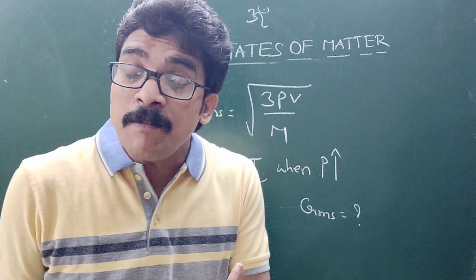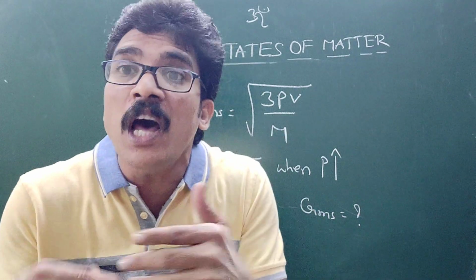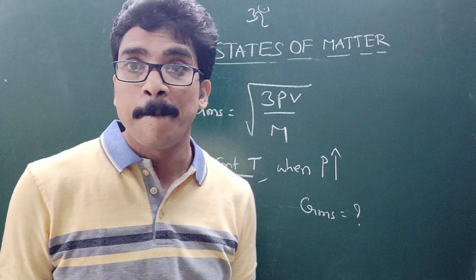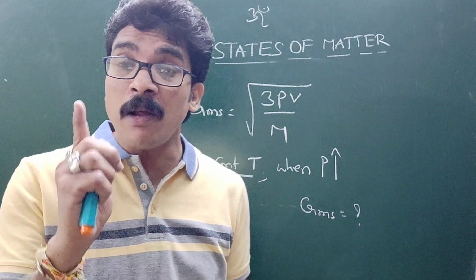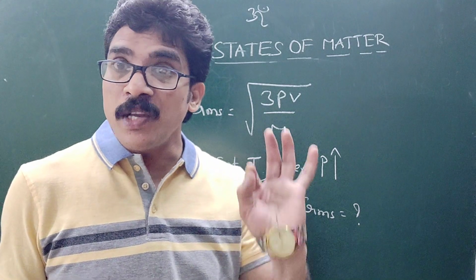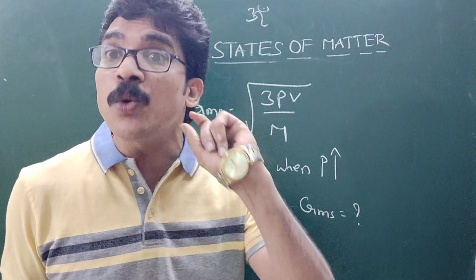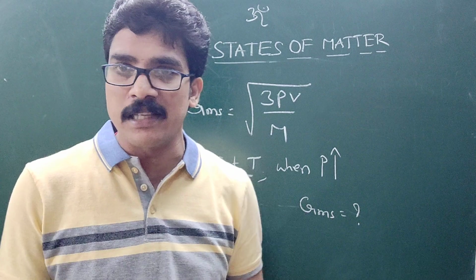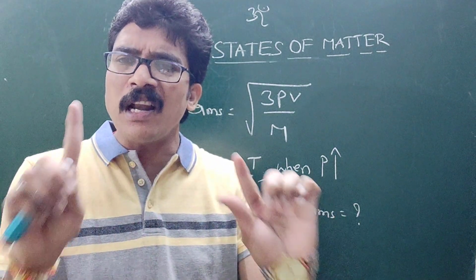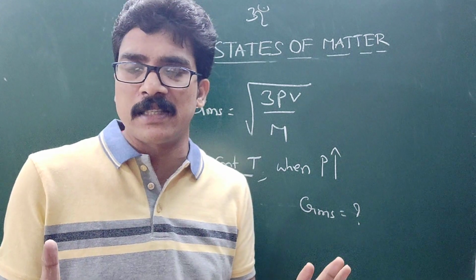At a constant temperature, when pressure is doubled, volume is reduced to half. That is Boyle's law. And very important, these are all problems related to ideal gas. In this class, we are discussing concepts related to ideal gas, but not real gas.